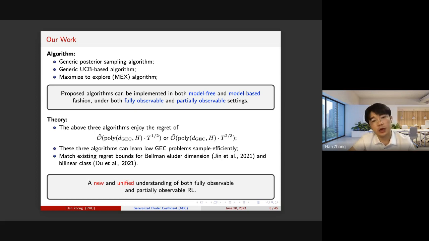This sublinear regret shows that these three algorithms can learn low-GEC problems sample efficiently. Our regret bound is sharp in the sense that it matches existing regret bounds for Bellman eluder dimension and bilinear class. So in summary, we provide a new and unified understanding of both fully observable and partially observable RL.